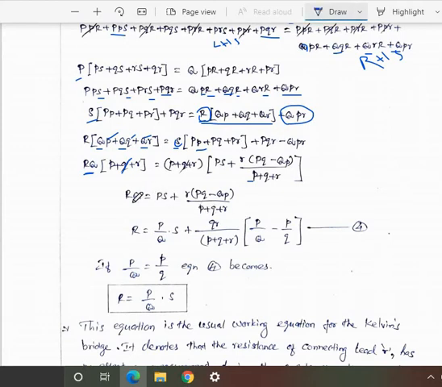So here the Q will come in the denominator. PS by Q, and at the same time the Q will be common for this term also.